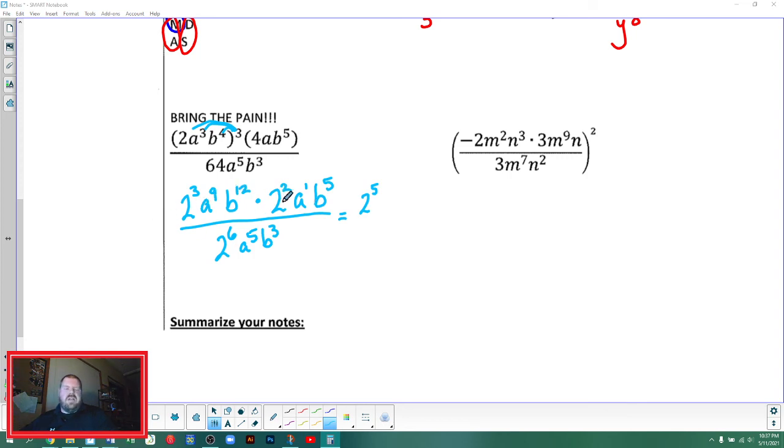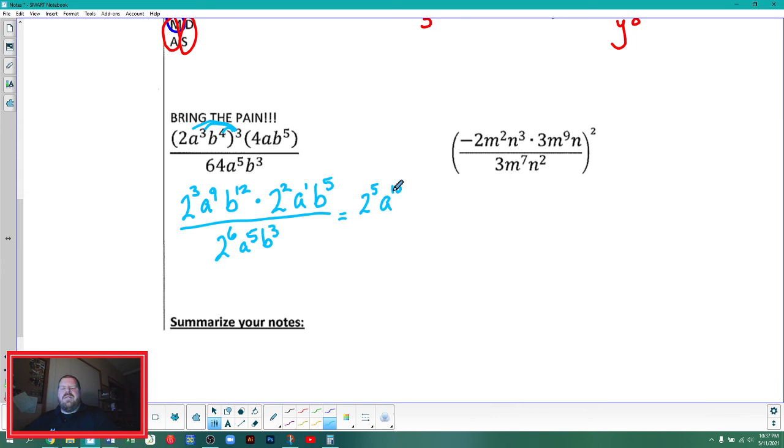I was not checking that part. I was checking the 2 to the sixth being 64. A to the 10th, I realized what that sounded like. That's okay. And then B to the 17th. Then on the bottom, I have 2 to the 6th, A to the 5th, B to the 3rd.